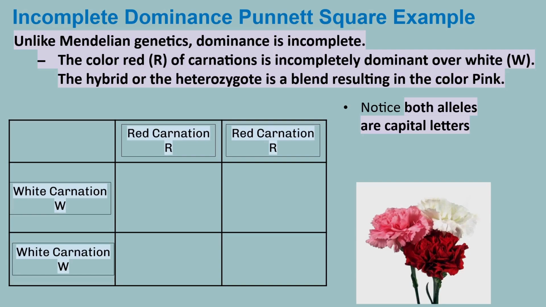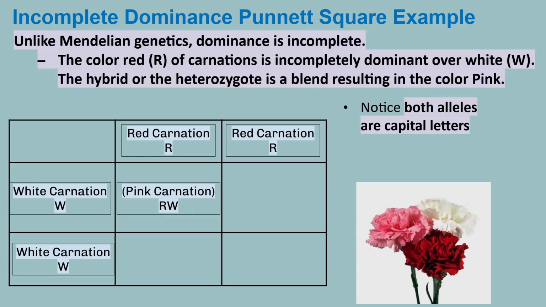You are going to follow the same rules you would for a monohybrid cross regarding how you bring the alleles down and over. So for our first box, we get R, W. Go ahead and note that down.